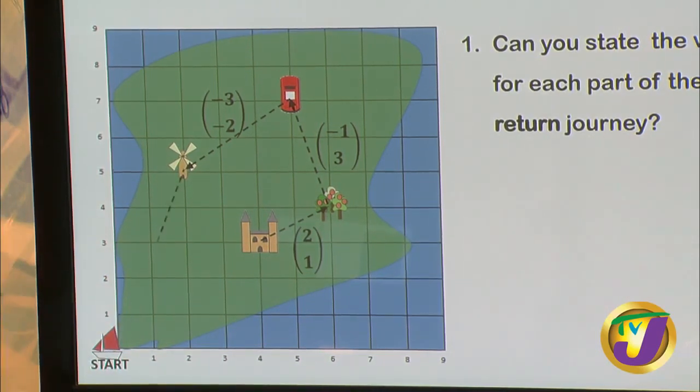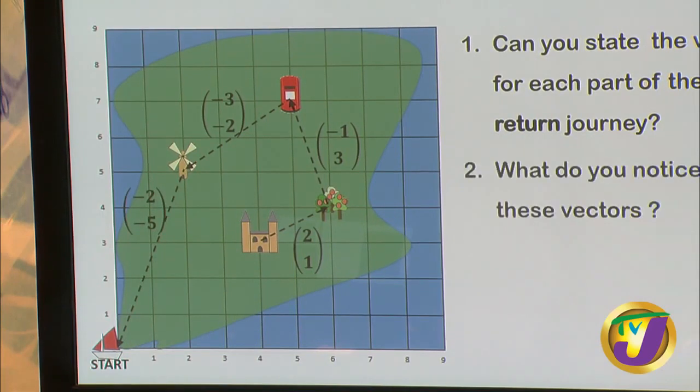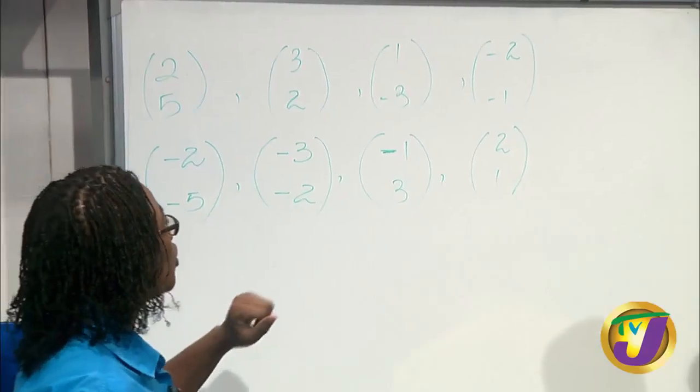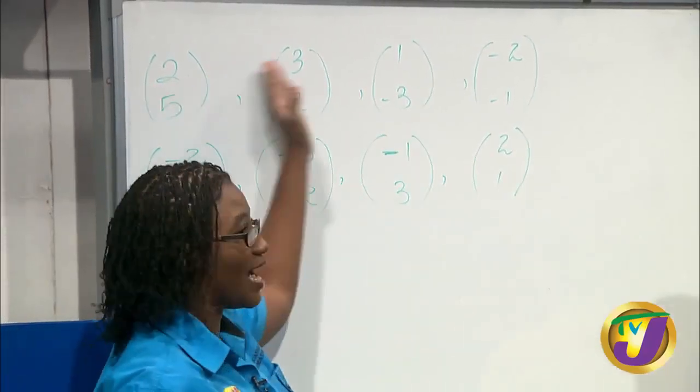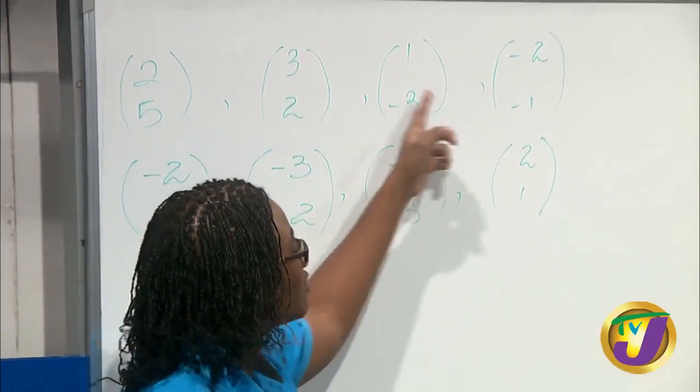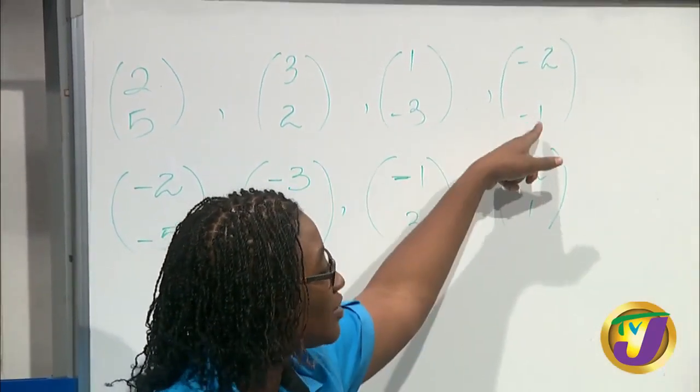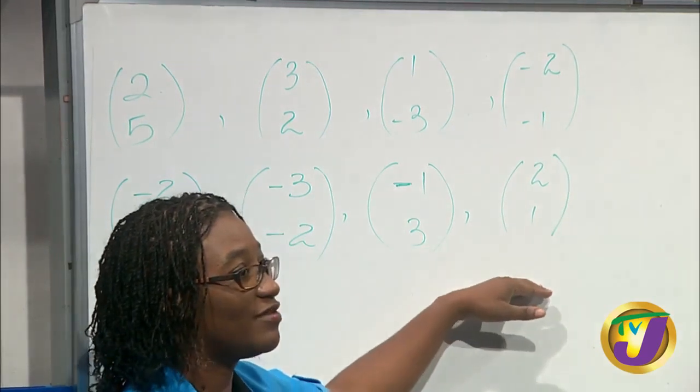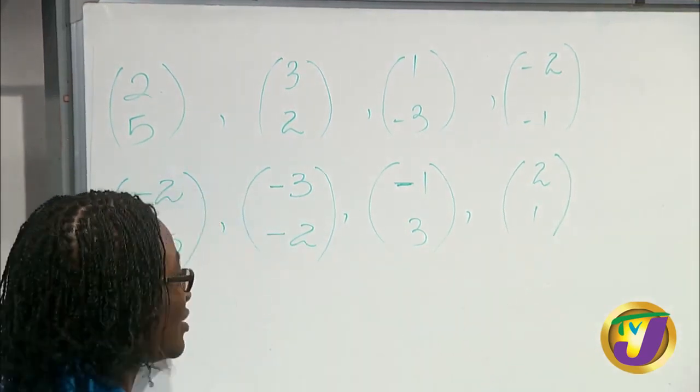So you would have used the word earlier, Latoya. Excellent. You spoke about opposite, and we're asking our students in television land, what do you notice about these vectors? So they have been written on the board. I've written at the top our vectors for the journey to the treasure, and below that we have the vectors for the journey back to the boat.